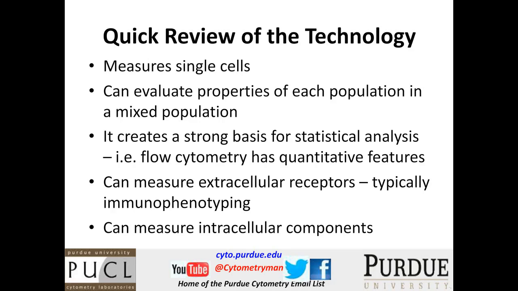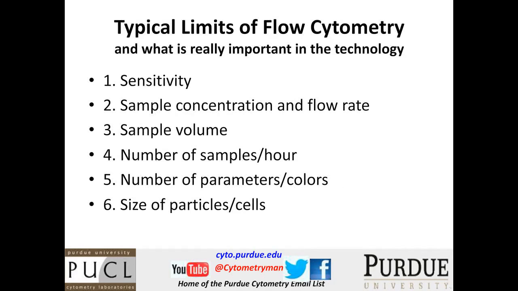So there's a lot of things that you can do with this technology. Now, no technology is perfect. There are limitations in everything. And I want to just mention 6 limitations because I'll be discussing most of these during the webinar with respect to the Attune.